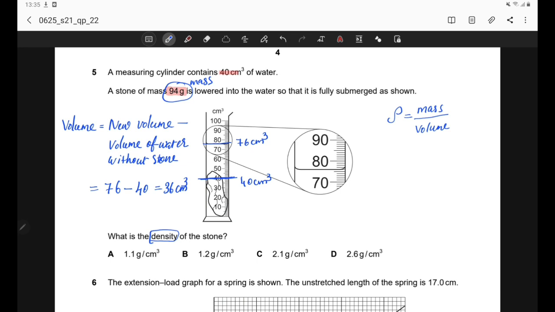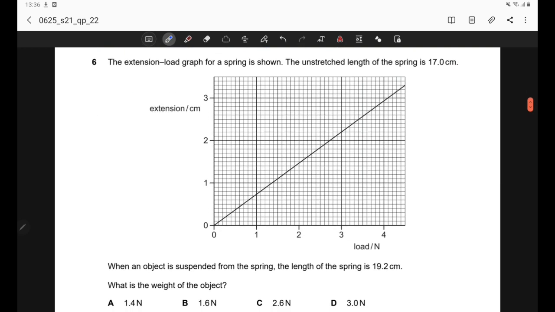Now we have the volume of the stone, and the mass of the stone is already given in the question. So we can substitute: mass is 94 gram over volume 36 centimeter cube, and the answer is 2.6 gram per centimeter cube. The correct answer is option D.